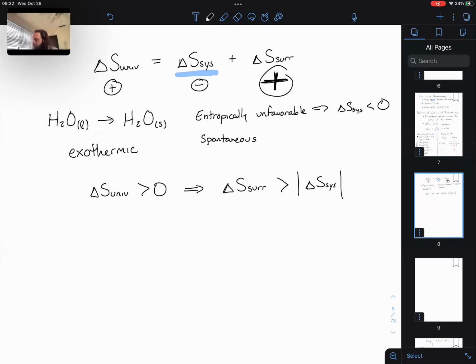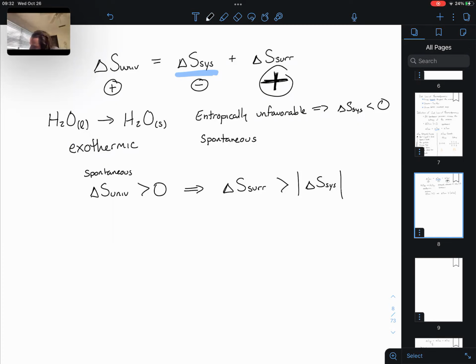Those are the only conditions in which this would be spontaneous. So these exothermic processes, despite being entropically unfavorable, can still occur as long as the delta S of the surroundings is greater than the contribution of the system.